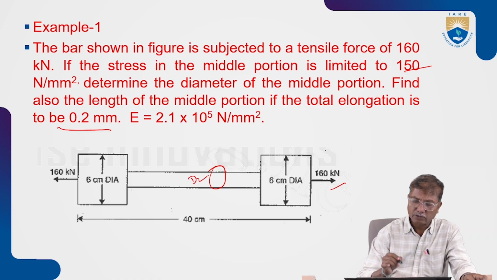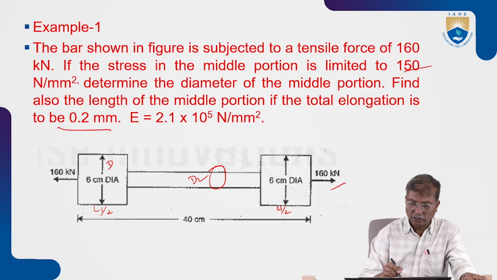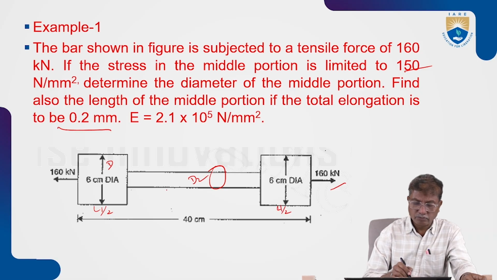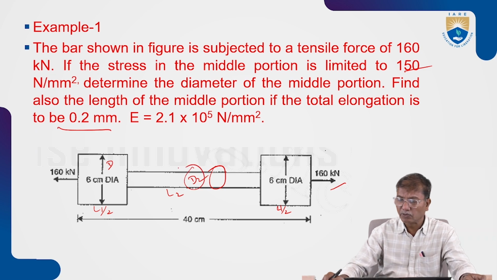We call it D2, and the diameter of the end portion is given, and let the length of the end portions combined be L1 by 2, that is L1, and the length of the middle portion is L2, diameter is D2.